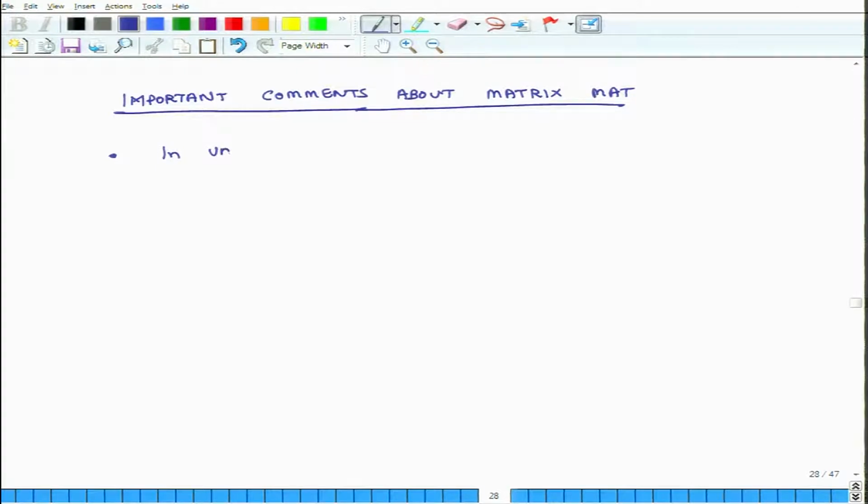In unidirectional composites, matrix strongly influences what?